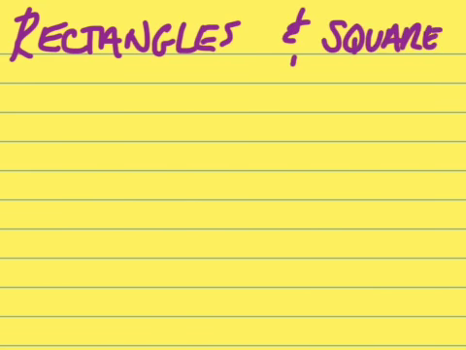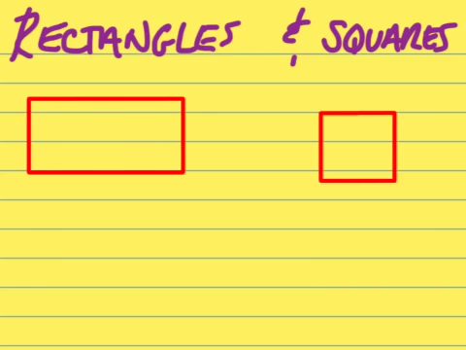So, if we look at rectangles and squares, these are nice because they fit square units pretty well. All right. Do we know that the one on the left is a rectangle? No. You don't know it. It looks like it, but in geometry we're going to be specific about what it takes to be these figures.